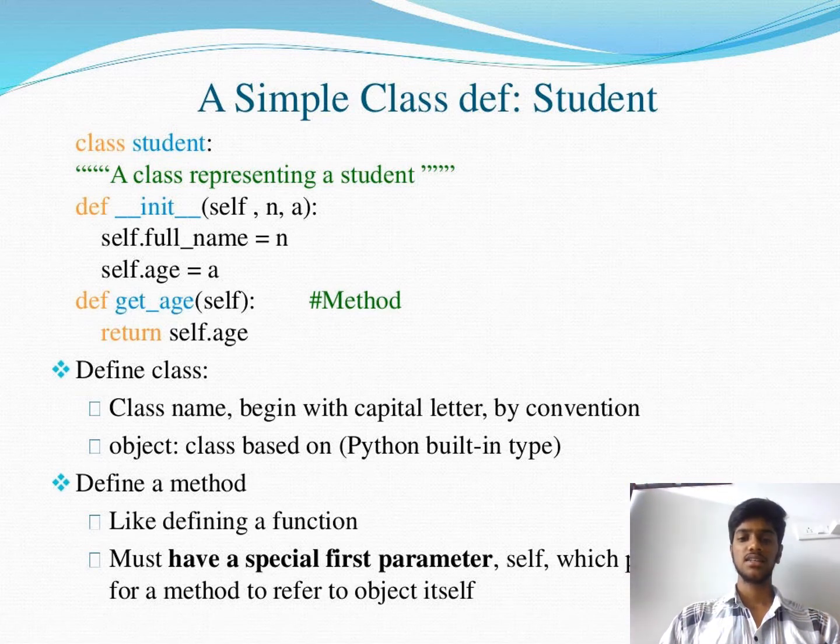Define class: class names begin with a capital letter by convention. Object class is based on Python built-in type. Define a method like defining a function; it must have a special first parameter self, which provides a way for a method to refer to the object itself.